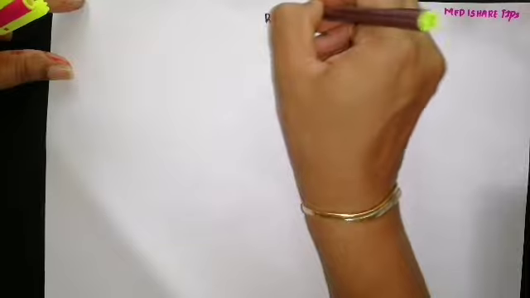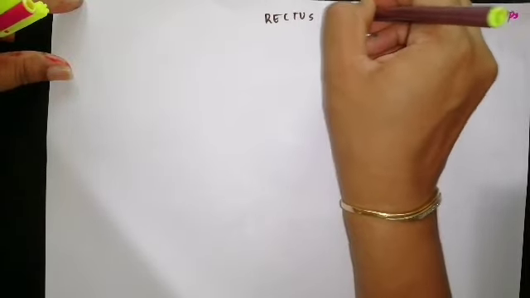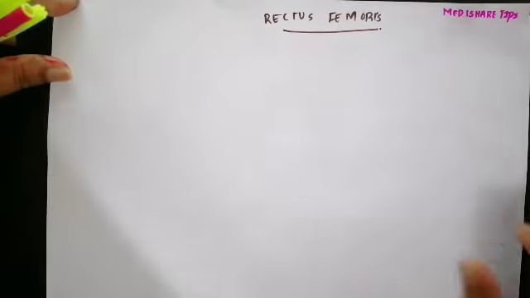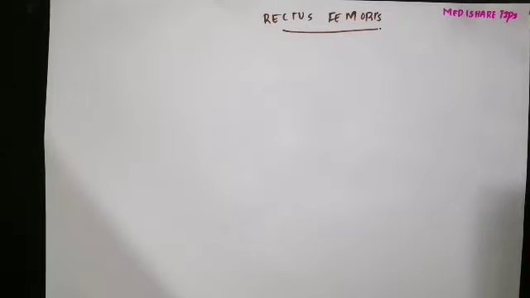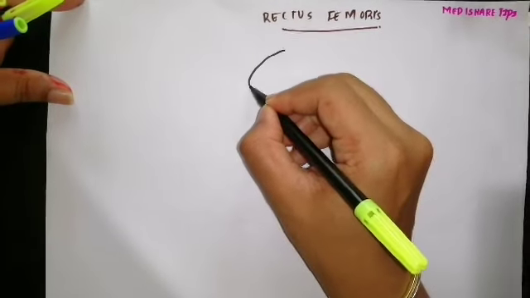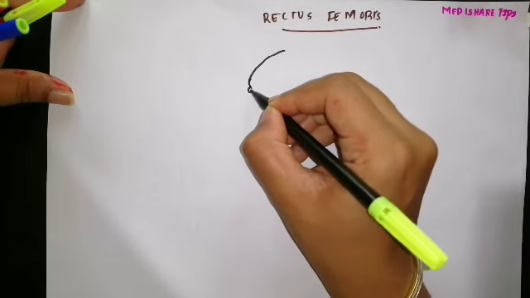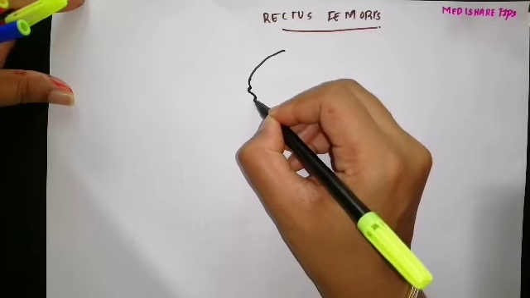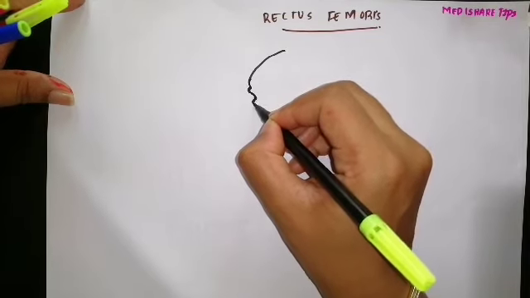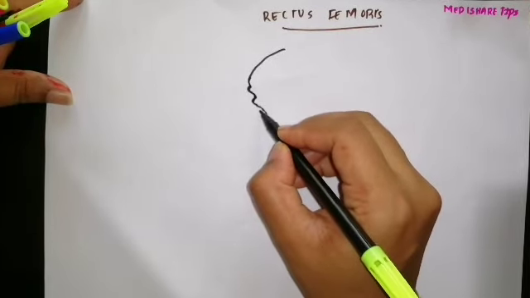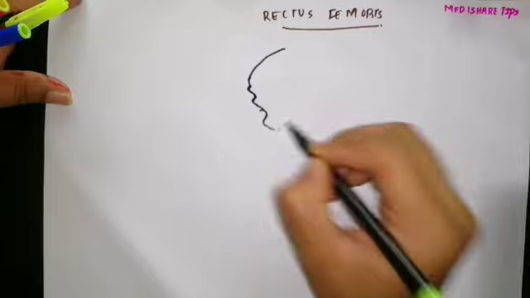Again, we discuss the origin and insertion first. This is the iliac crest, and we have the anterior superior iliac spine and a ridge below it, and we have the anterior inferior iliac spine, and this is the acetabulum.